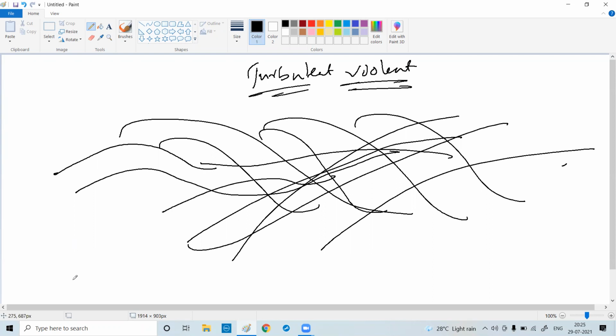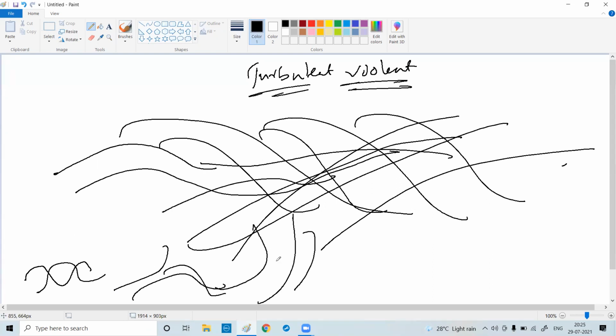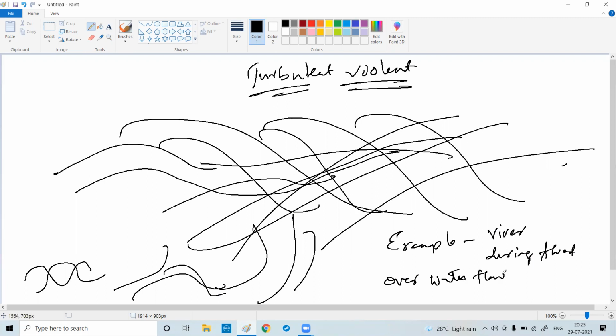Here it is like this, maybe here it is like this, here it is like this. The flow pattern changes continuously with time. Example: a river during flood, or water flow in the rainy season. Is it clear?